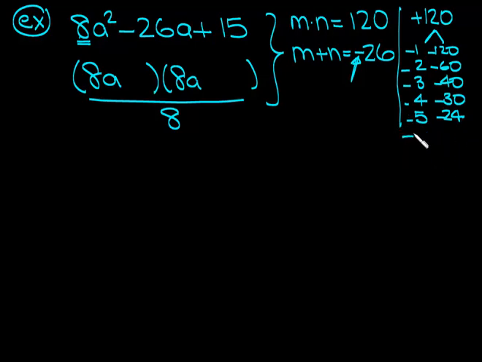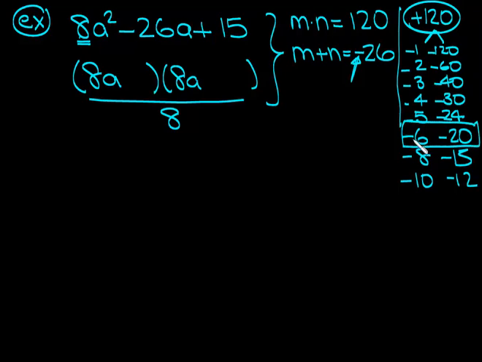So it should be negative 6 and negative 20. That'll give you 26. And then there was 8 and 15, and then negative 10 and negative 12. So you can see when the numbers get big, the factors get huge. The one I'm looking for is this one. Negative 6 times negative 20 is positive 120. Negative 6 plus negative 20 is negative 26. So you get negative 6 and negative 20.